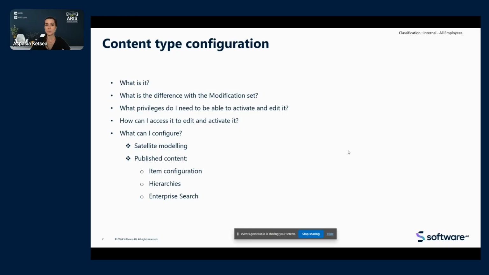So I don't have to do the configuration twice, and the content type configuration becomes the active configuration on the modification set for item configuration and maybe some other items like hierarchies. So I am doing different things in different spaces, and if I move to content type configuration, this is where I would want to start doing more of the item configuration as well.